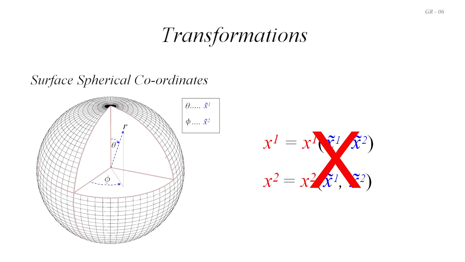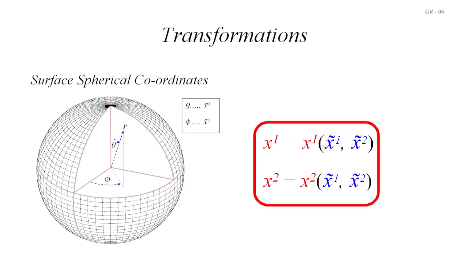It is impossible to find equations like these such that the new red x1, x2 system represents the Cartesian coordinate system with the identity matrix as its metric tensor everywhere in the space.